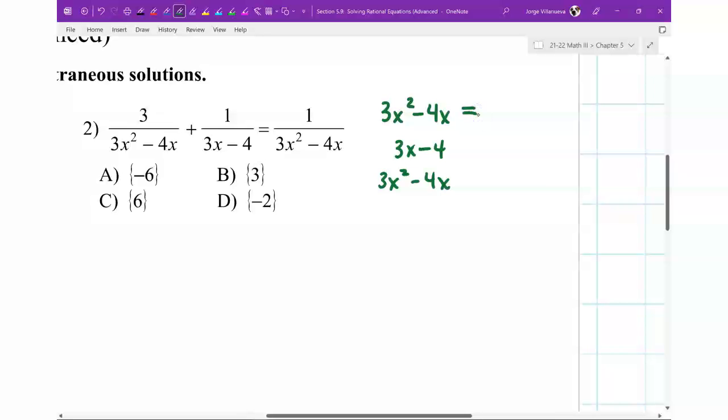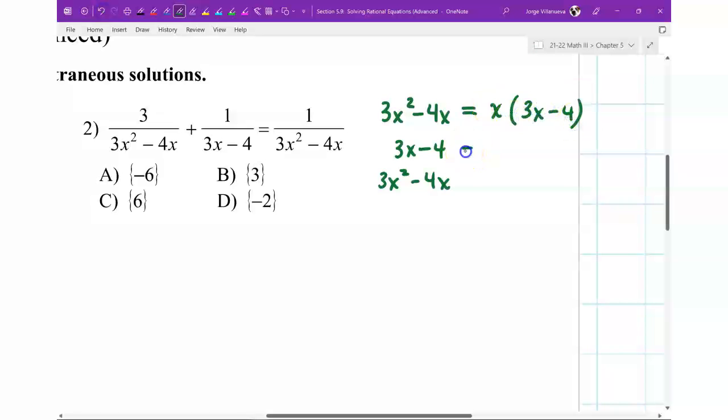So I look at 3x squared minus 4x. What can I factor out of 3x squared minus 4x? Well, I can't take out a 3x squared, because 3x squared and 4x do not have a 3 in common. Just an x. So x times 3x minus 4.